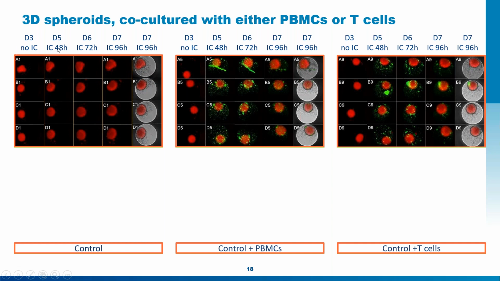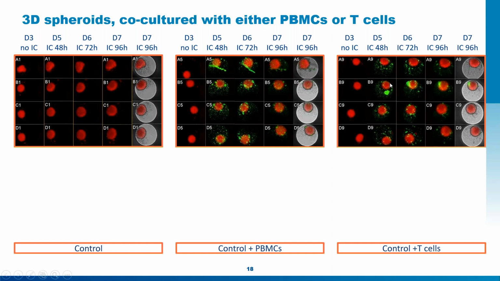So we can see that we have growth over time of these spheroids. On the left-hand side, there are only tumor cells, in the middle you have tumor cells with PBMCs in green, and on the right-hand side, you have tumor cells in red and purified T cells in green.